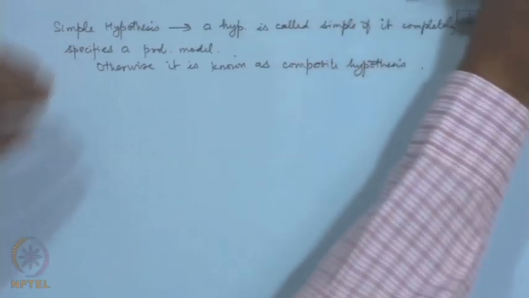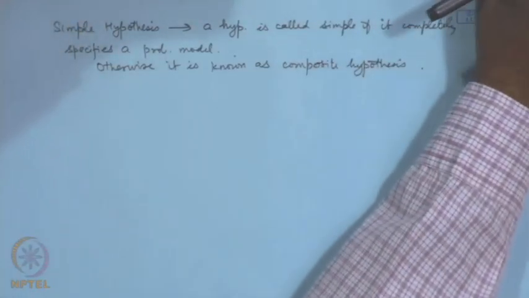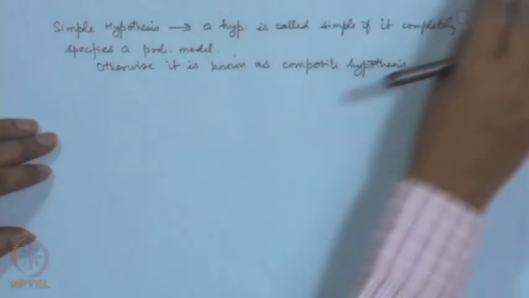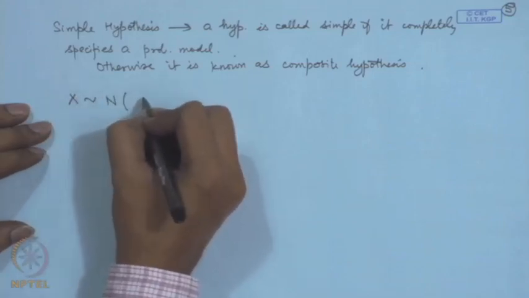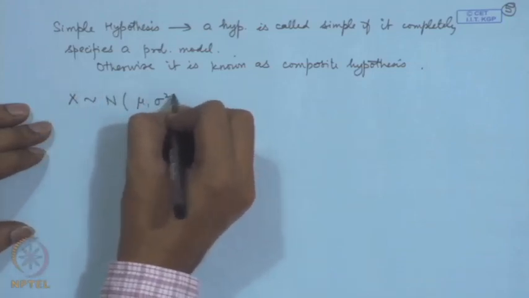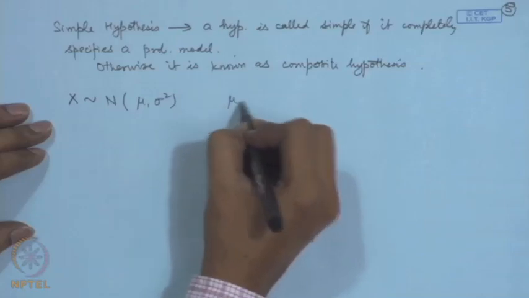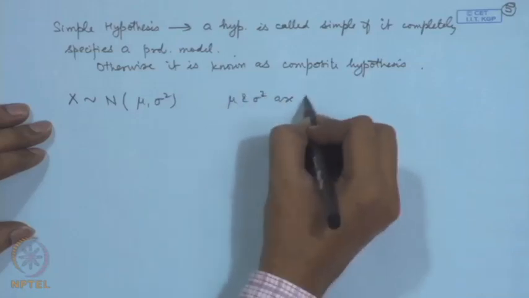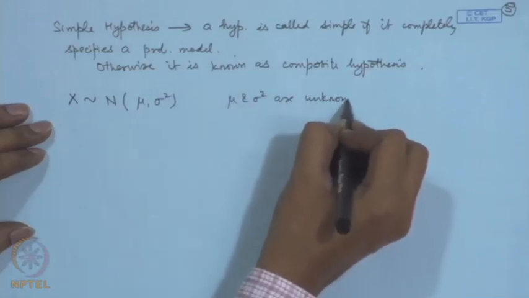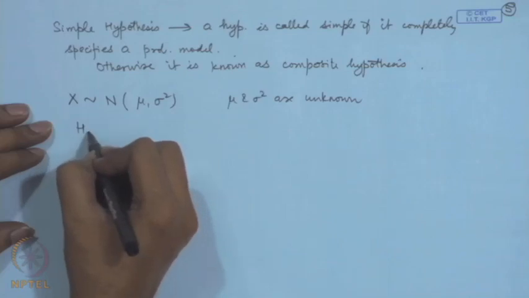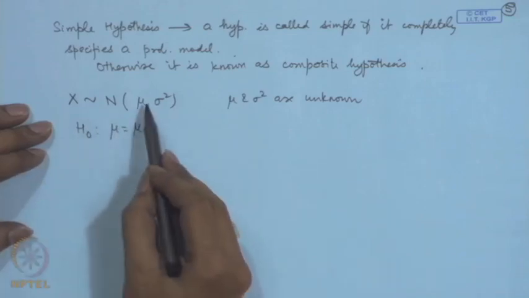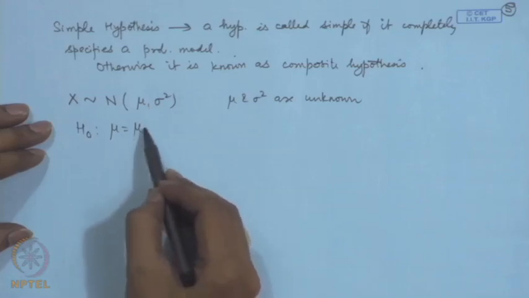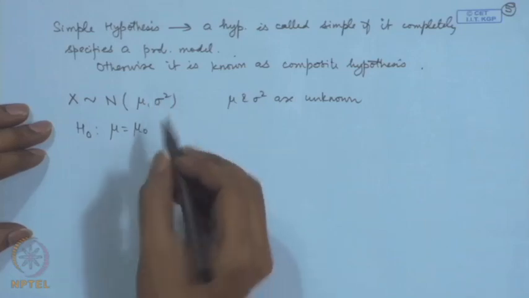Let us look at the problems specified earlier. Let us consider say x follows normal mu, sigma square, where mu and sigma square are unknown. If I specify say H naught: mu is equal to mu naught, then this specifies mu, but it does not say anything about sigma square.